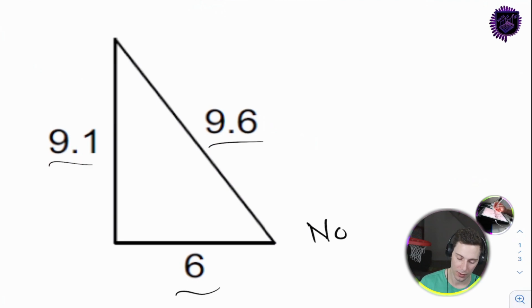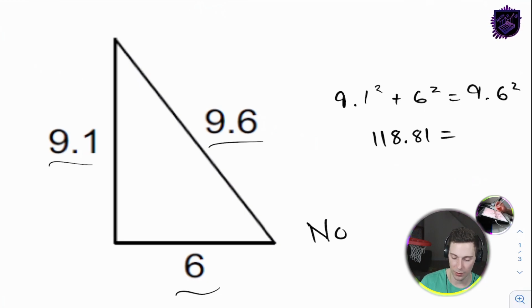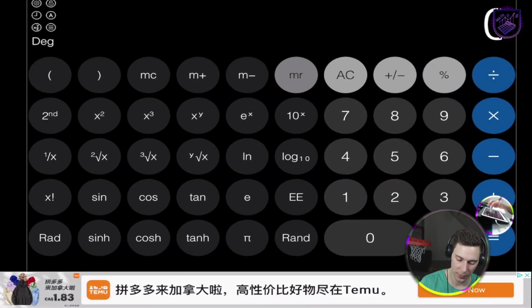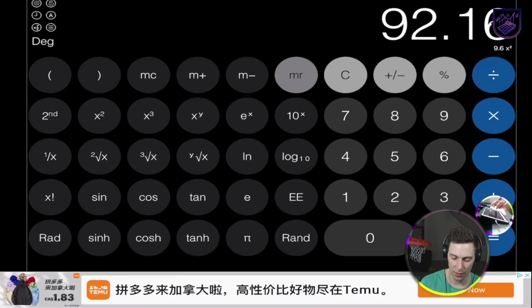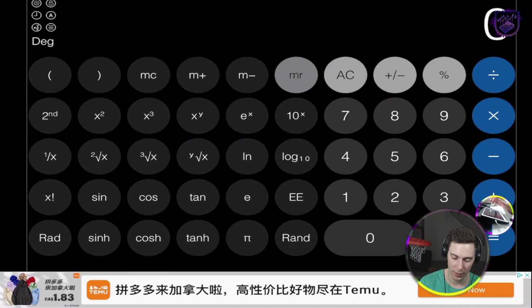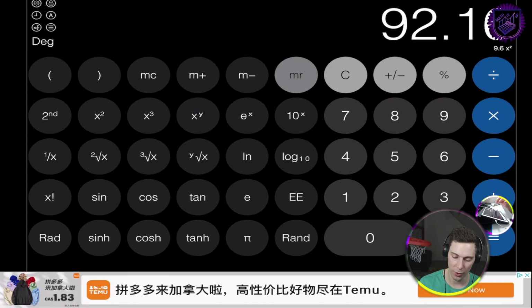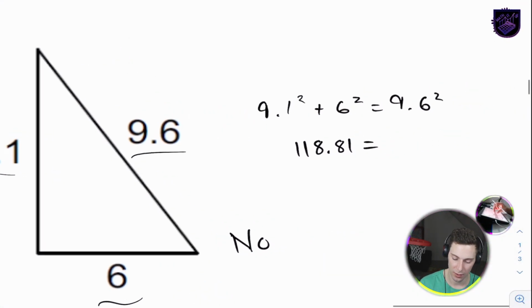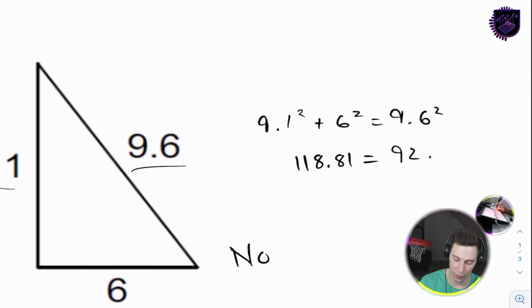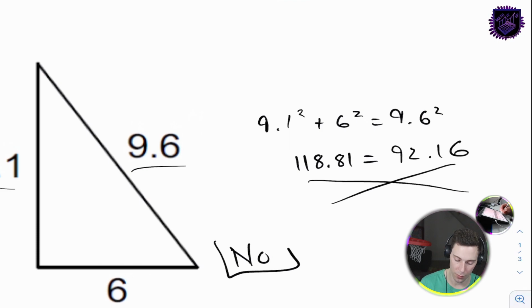So it's going to be 9.1 squared plus 6 squared is equal to 9.6 squared. 118.81 is equal to, what is 9.6 squared? 9.6 squared is 92.16. That's wrong. No.